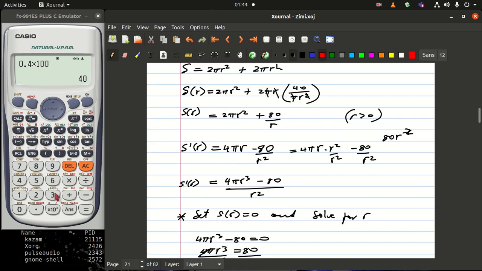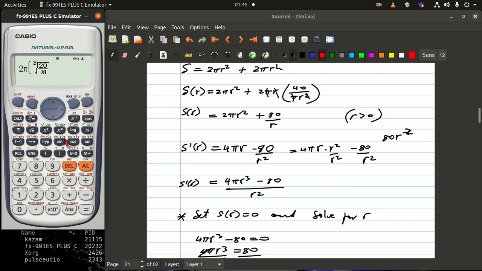Oh, this is the equation. So we have 2π, and then I'm going to end up having my r squared, which is the same as just the cube root of 20 divided by a whole π, and then I want to square it, squared plus 80 divided by... I wanted to have a cube root, I have 820 divided by π.